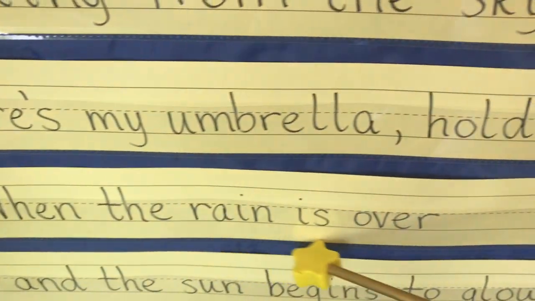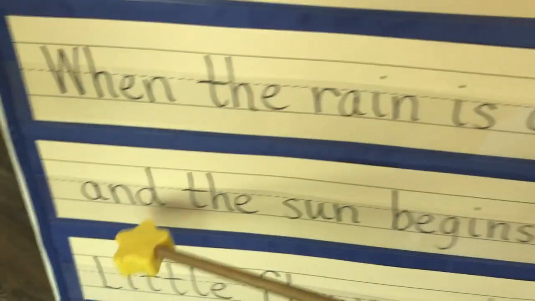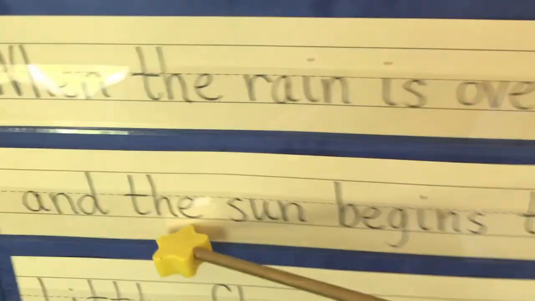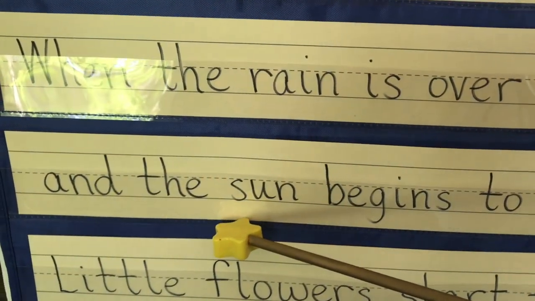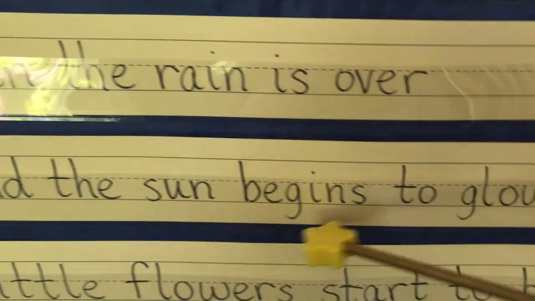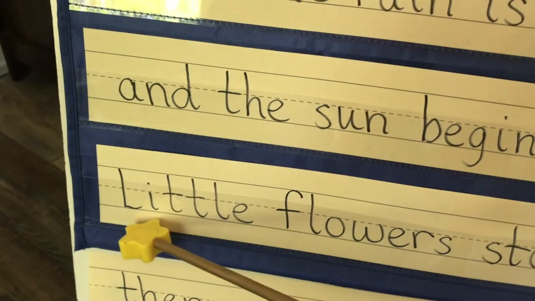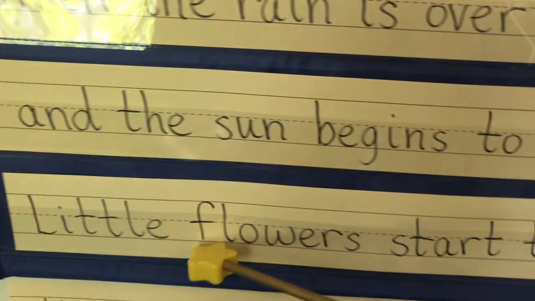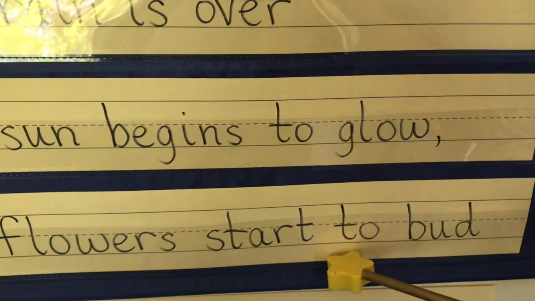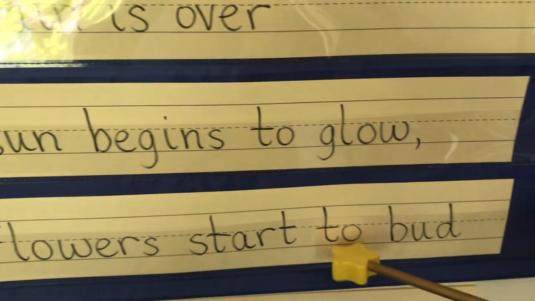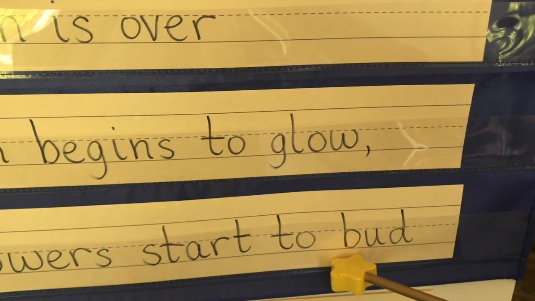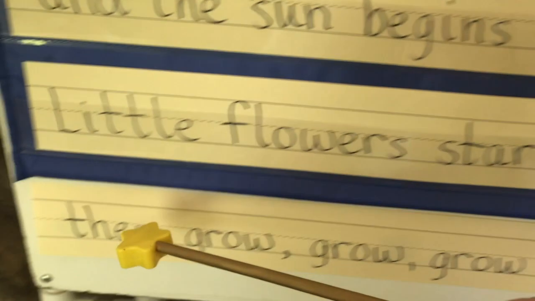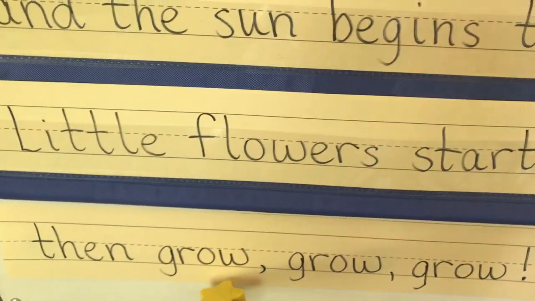When the rain is over, we know this word, and the, you can sound that one out, sun begins to glow. We know this one from sight words, little flowers start, you know that one, to, sound this one out, bud, then grow.